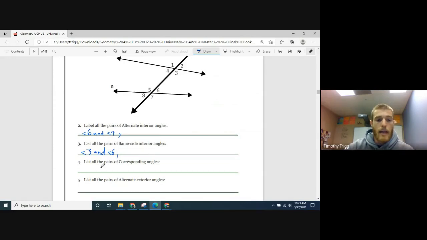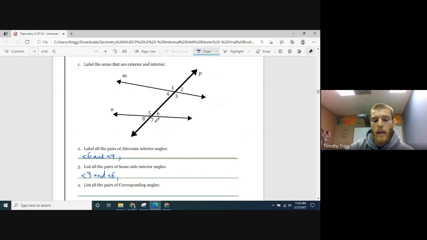Next, we want to list all pairs of corresponding angles. When it says corresponding, I want you to think of these intersections as rooms. So you have a room here and you have a room here. Angle 1 is in the top left position of this room.